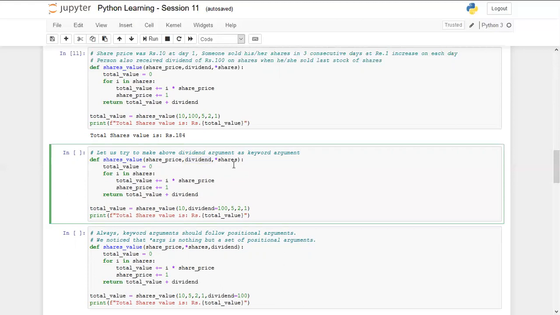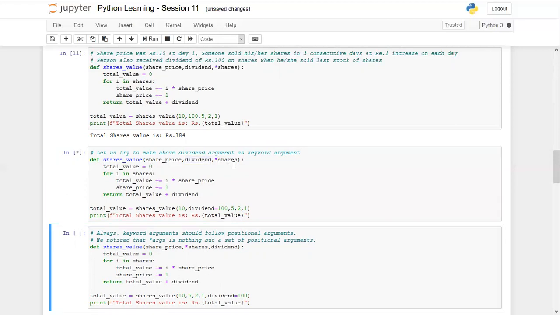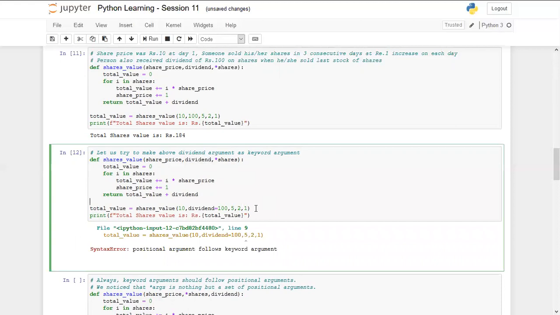Okay, let's see. If I'm writing dividend here as positional and we want to make it a keyword, I can try it in the function call: dividend is equal to 100.